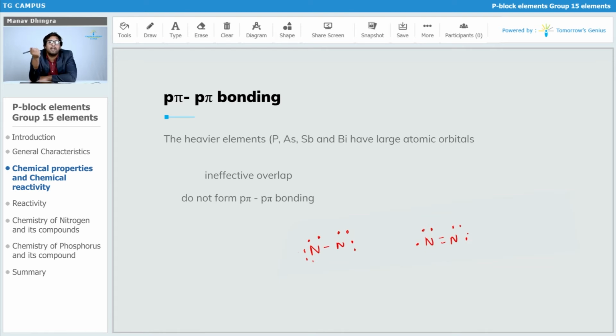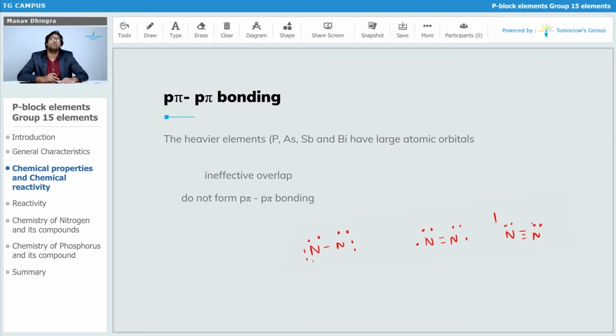If the electrons in the non-bonding pair go into the bonding pair, the stability is going to increase, because the electrons will be coming in between the two. So if you further make a nitrogen triple bond, only 2 electrons are there.